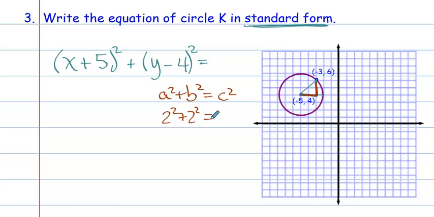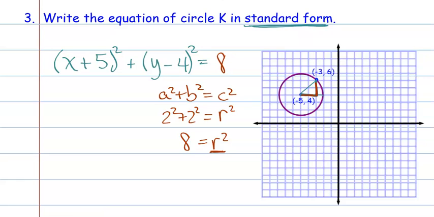Equals, and I'm going to change this. Instead of saying c, I'm going to be a little more descriptive. I'm going to say r squared. And then it's just 4 plus 4 is 8 equals r squared. You don't even have to square root it. If you want to know the radius, it's the square root of 8, or radical 8. But because center radius form uses the r squared value here, I'm just going to write my 8 like that.